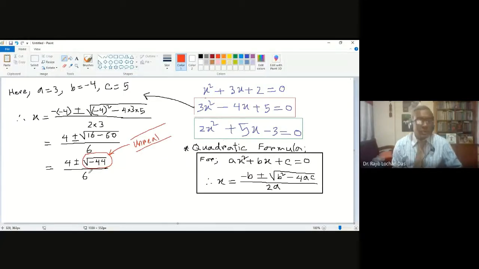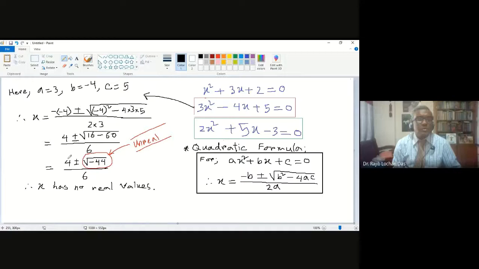So, the next line will say, when we see that there is a negative number inside the square root, then we will say, okay, x has no real solution. x has no real value. So that will be your answer.